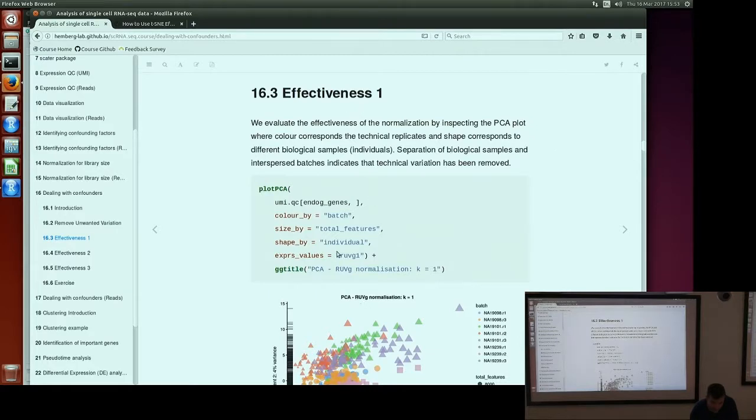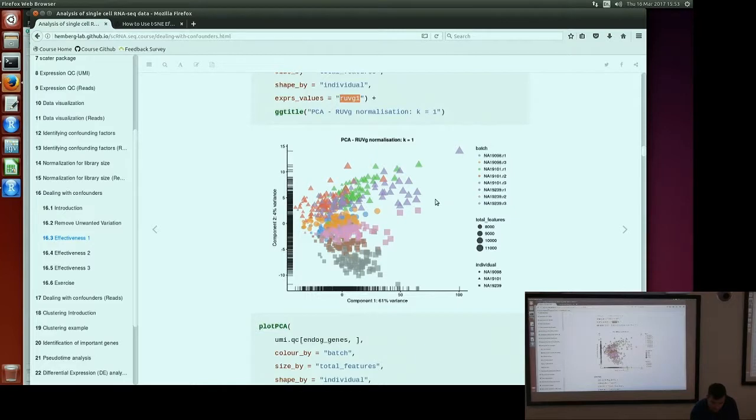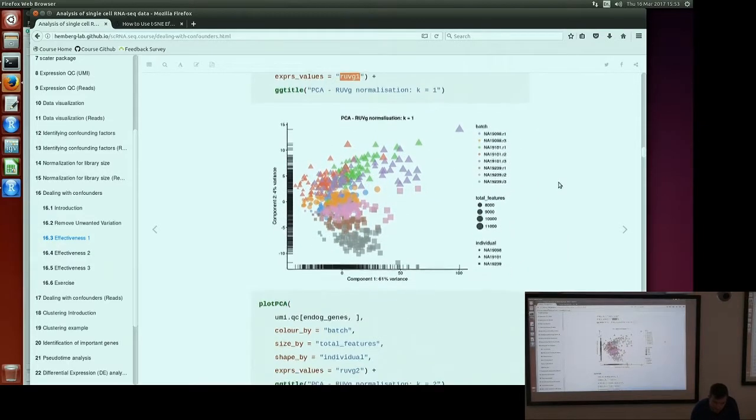If we look at RUVg with K equals 1, so this is PCA on normalized counts, it doesn't look spectacularly good by any stretch. PC1 explains 61% of the variance, so we're not getting great separation at all.